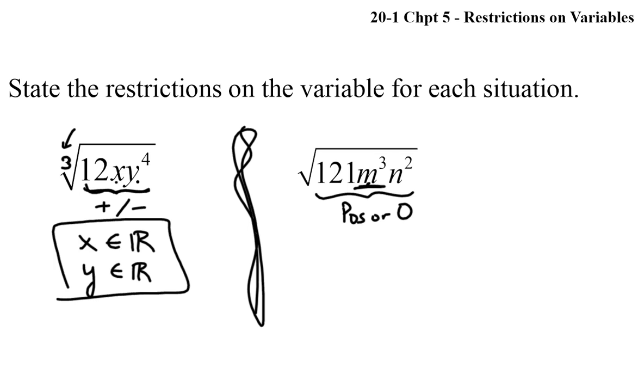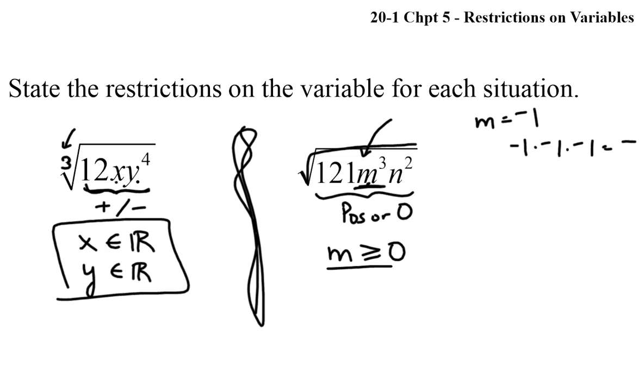I need this to be positive, and because it's exponent 3, m must be greater than or equal to 0. Because if I put a negative m, I'm going to have negative times negative times negative, which is a negative. I don't want a negative under the root sign. So my m has to be positive or 0, because if m is negative, that's going to make this whole thing negative. So there's the first one.